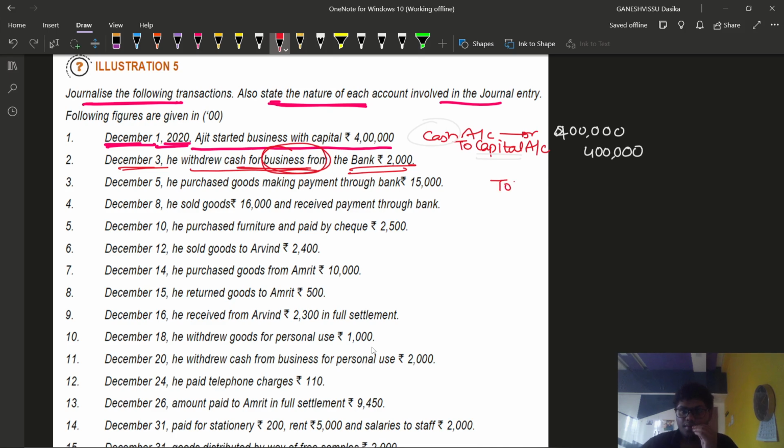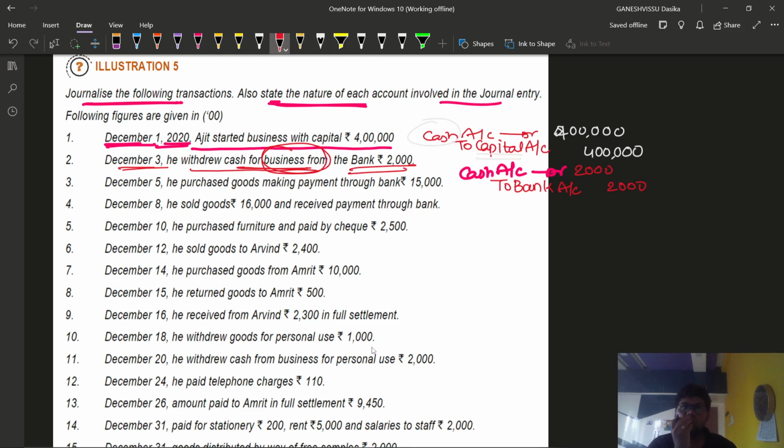So we are going to write to bank account. And as the business is receiving the cash, what account is being debited? Cash account. Cash account debit to bank account is the entry. What would be the amount for this one? 2000.